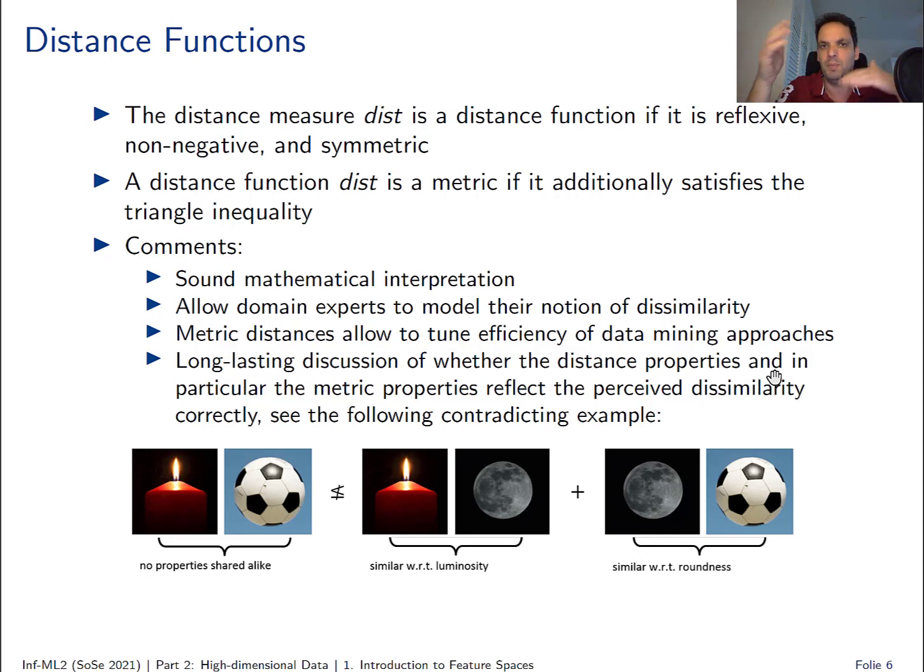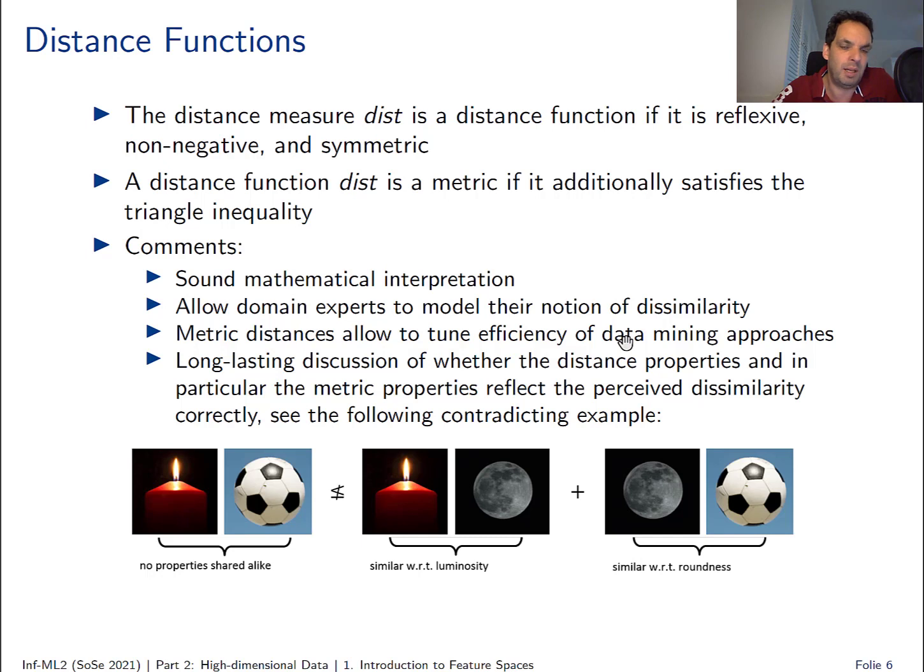So keep your heads up to this discussion about whether or not you need a metric distance function. Some algorithms are designed to be a little bit more efficient, and they use triangle inequality properties in order to do so.